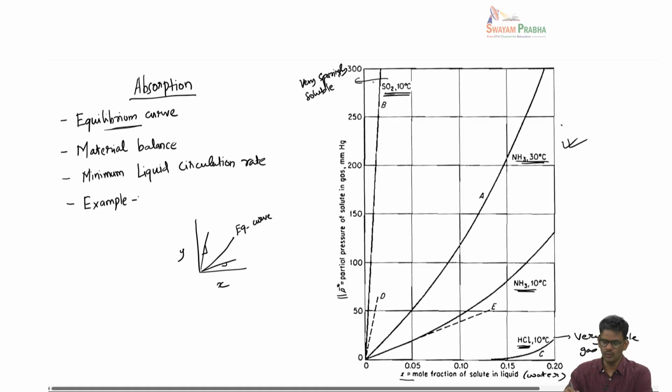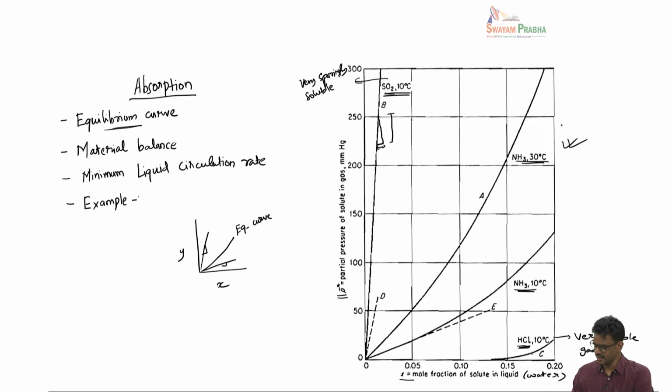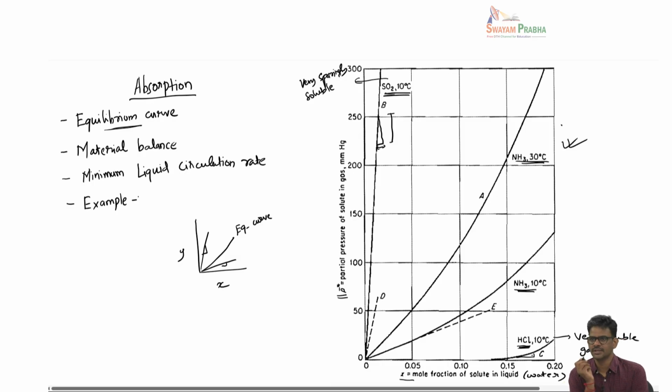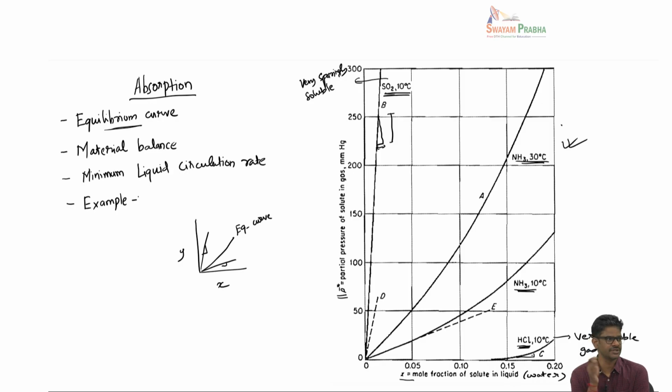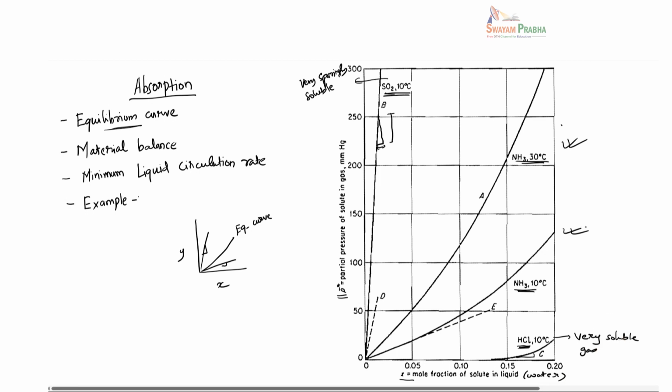Because if you look at this curve, it has a very high slope, meaning if I have to make a small change in the x composition, that is, if I have to change the composition of this gas in the liquid, I have to increase the partial pressure to a greater extent. Whereas if you look at HCl, you can see that a small change in partial pressure results in a very large change in the liquid phase composition, and this we associate with a very soluble gas. So that's the differentiation between these two kinds. Ammonia lies somewhere in between. It is a moderately soluble gas in water.